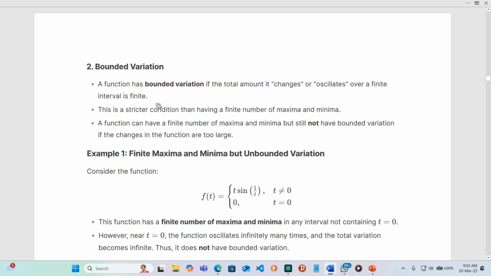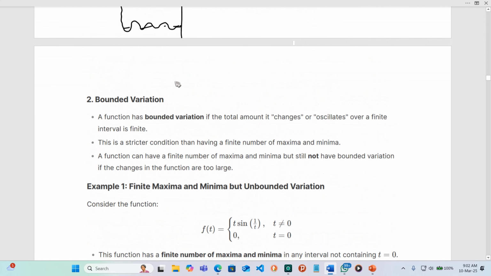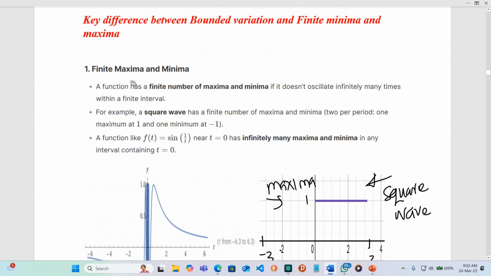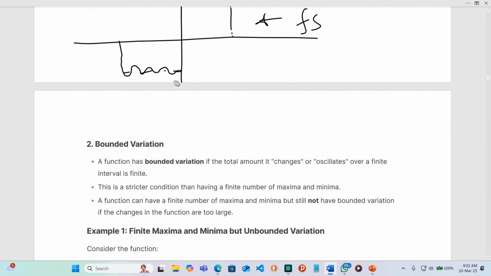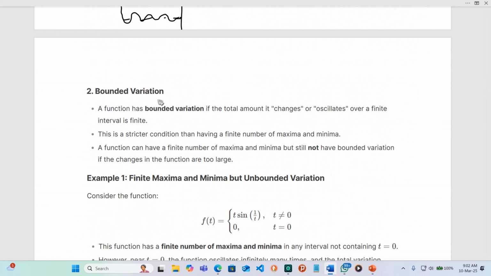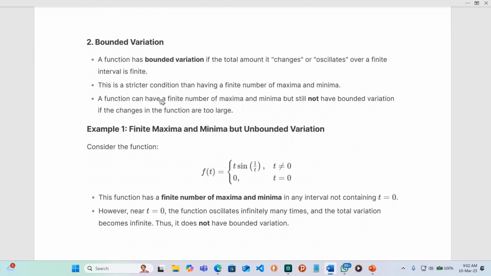So let's look at the bounded variation. Okay, we have seen what finite maxima and minima is. Let's look at what bounded variation is in detail. With bounded variation, the total amount the function changes or oscillates over a finite interval is also finite.